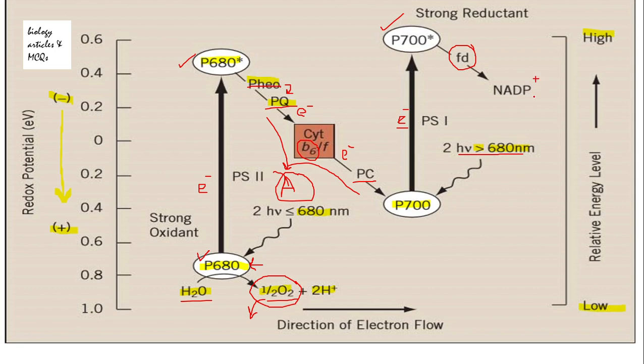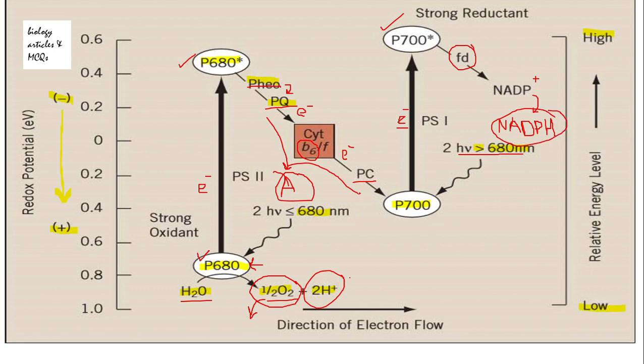And this NADP plus will now receive the hydrogen that was produced from the water molecule, in the presence of the NADP plus reductase enzyme, and the NADP plus molecule will then change into NADPH after receiving the hydrogens that are coming from the water molecule. So here is the production of the second product, that is NADPH.